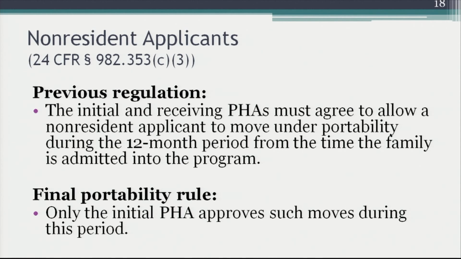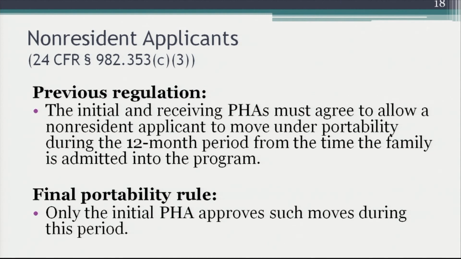Okay, so non-resident applicants, and what we're talking about here are applicants who did not have a domicile at the PHA at the time of the first submission of their application into the voucher program. As you know, under the regulation these families don't have any right to move under portability for a 12-month period from the time that the family is admitted into the program.